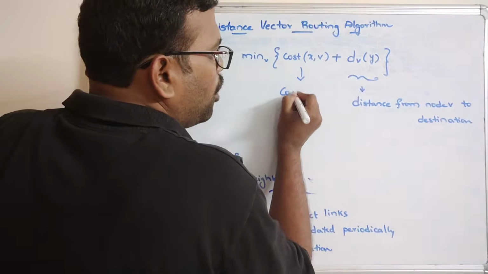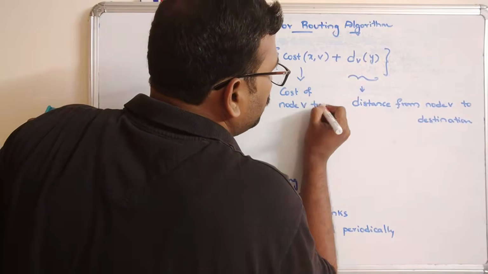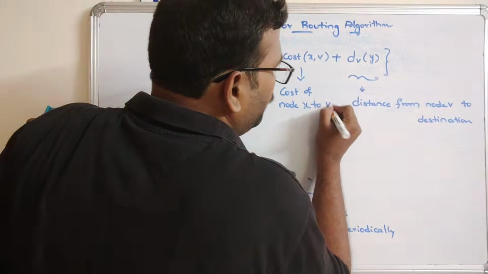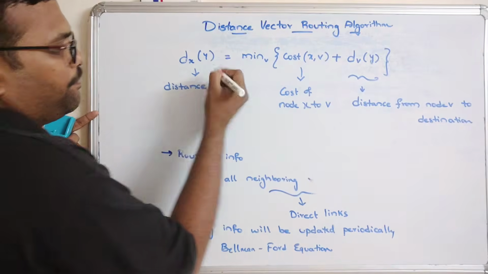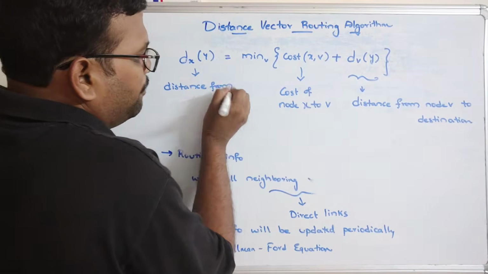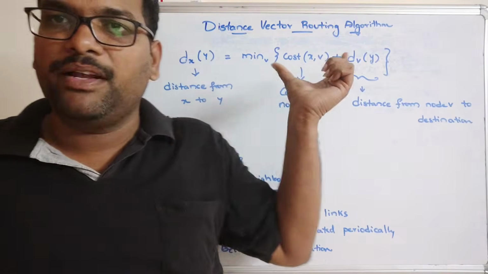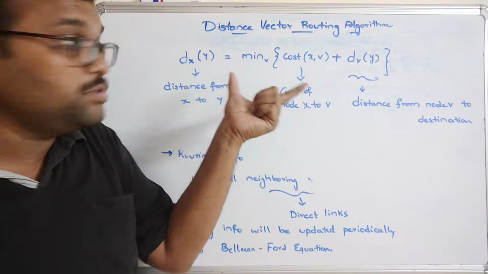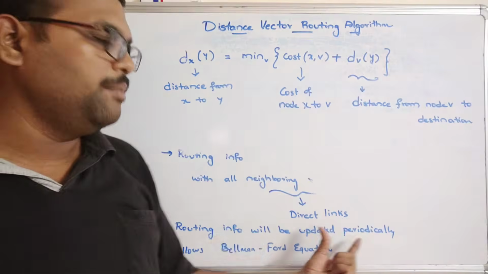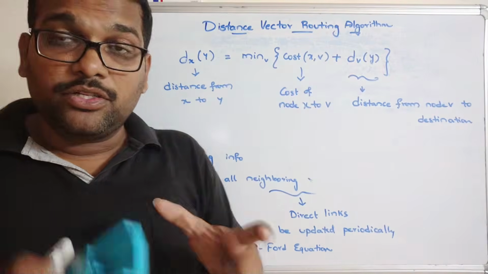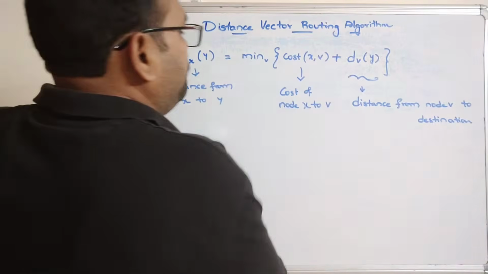This is the cost of node x to v, and this is the distance from x to y, source to destination. So this is the Bellman-Ford equation, and we have to use this equation in order to update the routing table periodically, right? We will see an example so that you will understand perfectly.